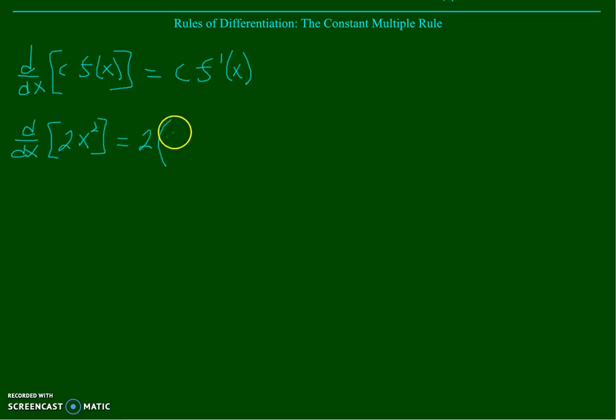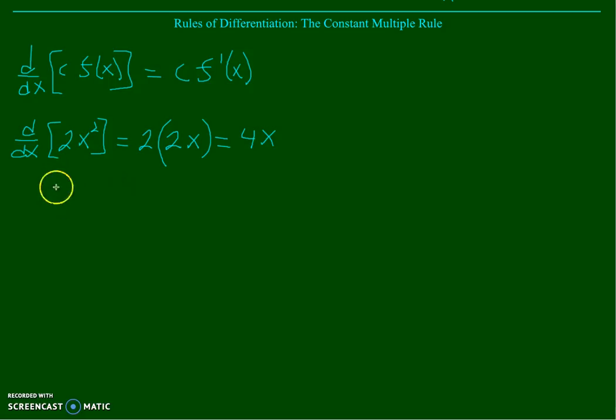Pull down the exponent, write the x term, subtract 1 from the exponent, which is a 1, and finish. 2 times 2 is 4x. So that's a very basic implementation of the constant multiple rule with the power rule.